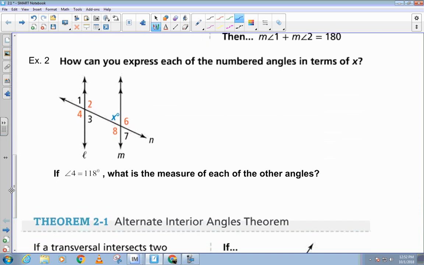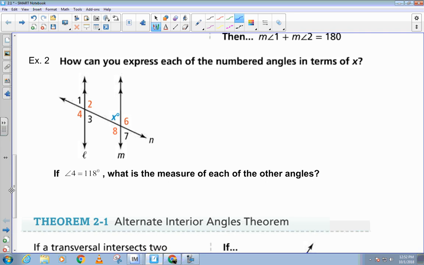How can you express each of the numbered angles in terms of x? So this angle right here is x, and I want to express all these other angles in terms of x. What would we start with? 6. What would 6 be? No, I'm not answering this one.